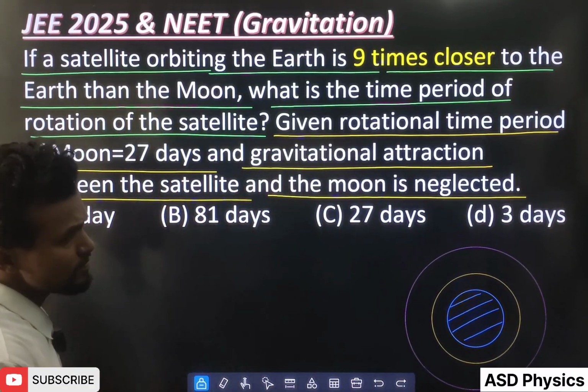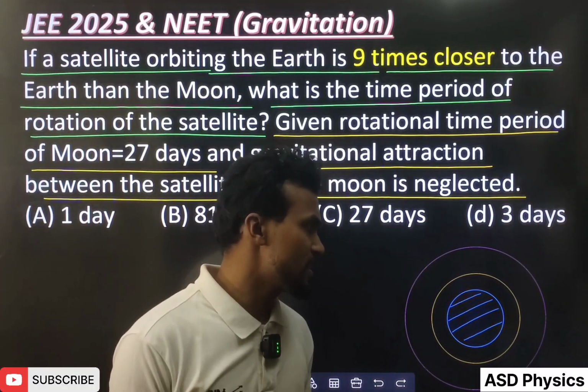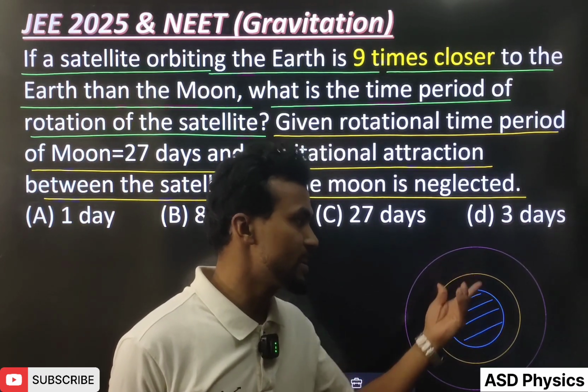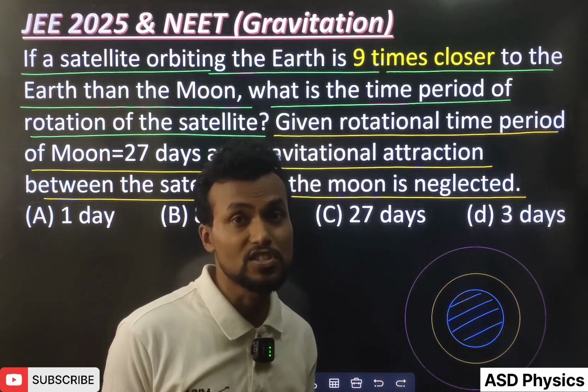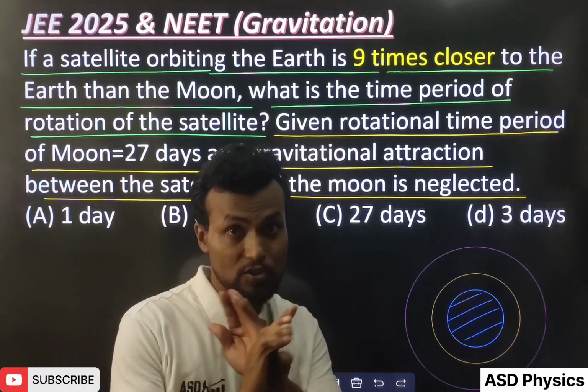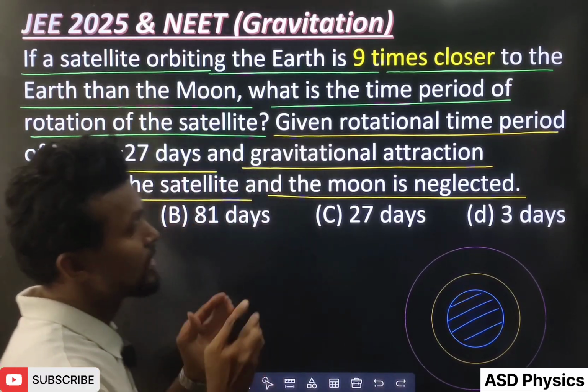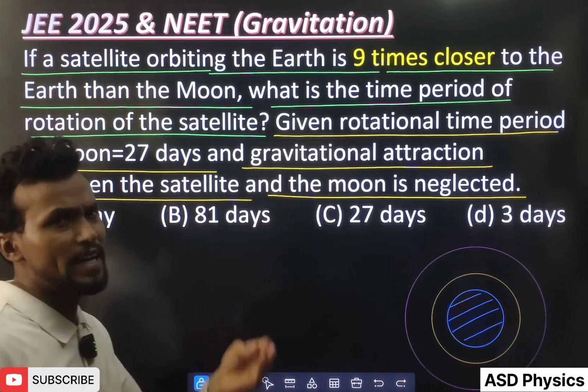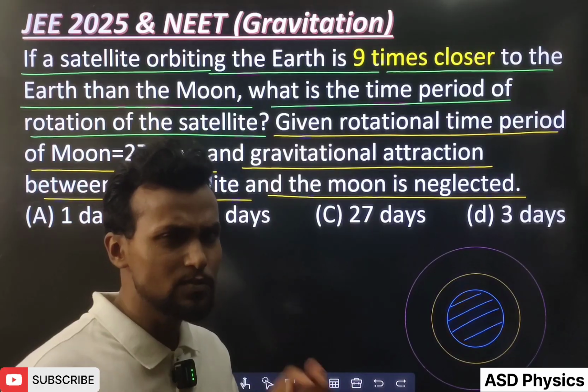That means the Moon will experience the gravitation of the Earth and the satellite is also experiencing the gravitational force of the Earth. There is no gravitational force between the Moon and the satellite as they told, and even if there is, it is very small, neglected.